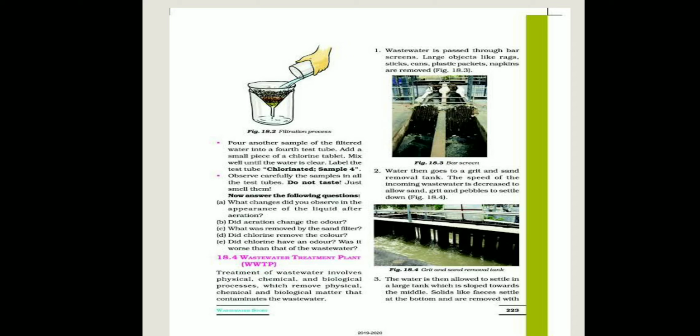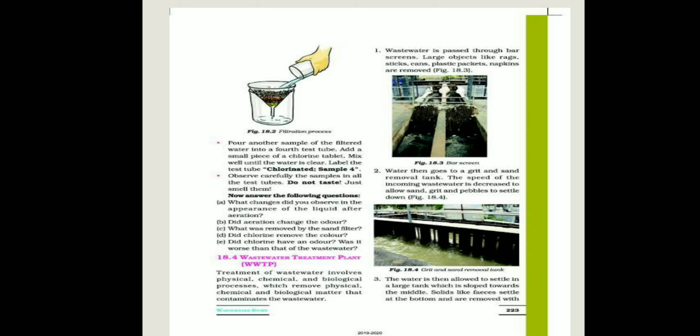The first step, wastewater is passed through a bar screen. You can see the figure of the bar screen. By this bar screen, large objects like rags, sticks, cans, plastic packets, napkins are removed. Now the water is free from all these large objects.